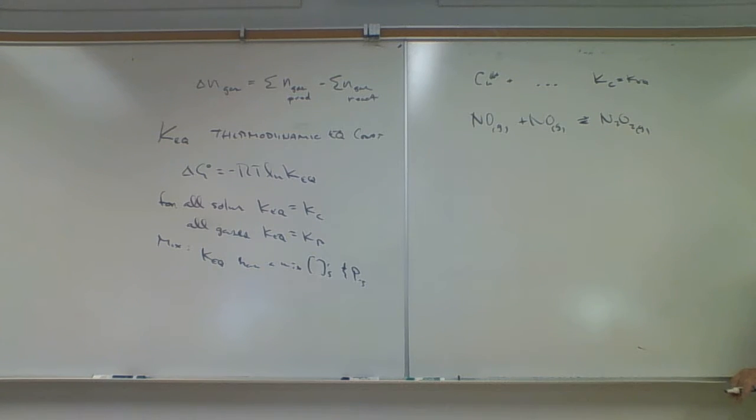Is it redox? No, this is just a reaction here. Keq, it's all gases, so Keq is equal to Kp. Kp is just equal to the partial pressure of the products over the partial pressure of the reactants. So the partial pressure of N2O2 divided by the partial pressure of NO squared.